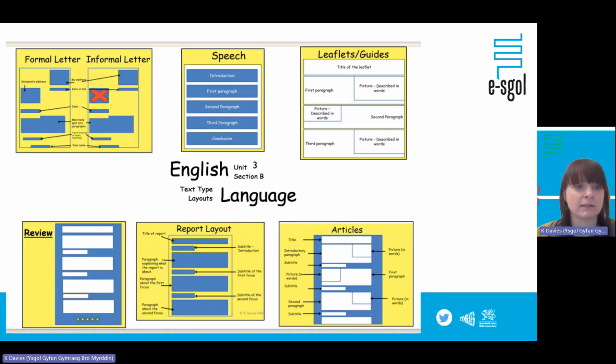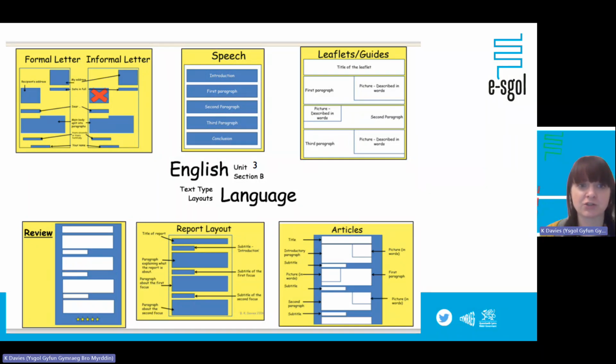With the review, then you can see that there's again use of subheadings to keep it organized. So you'd have your main heading, your main body of text, as in your initial paragraph, and then you'd have it structured with the use of subheadings. Report layout.